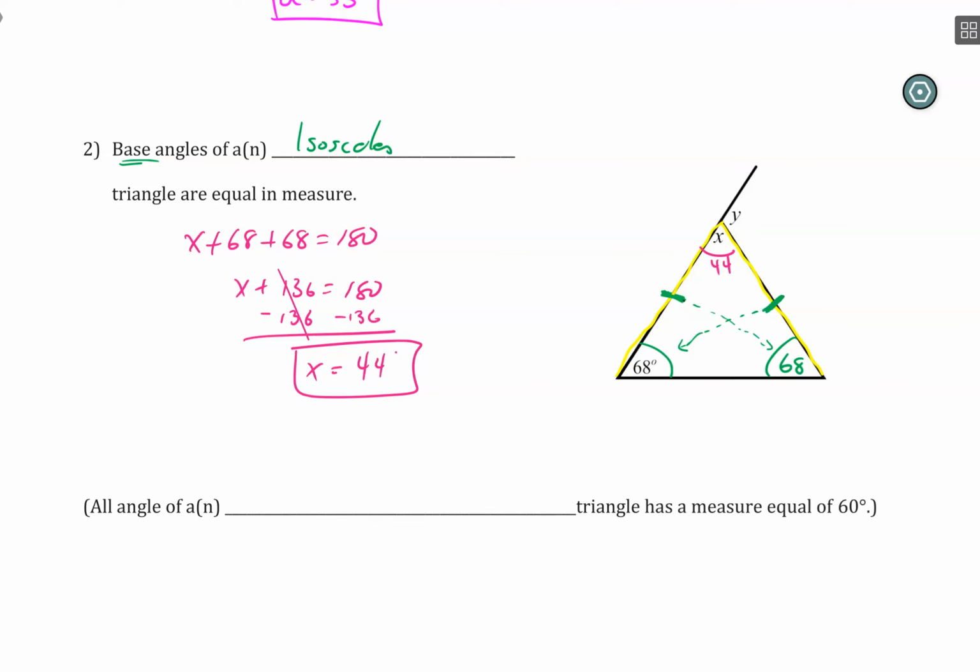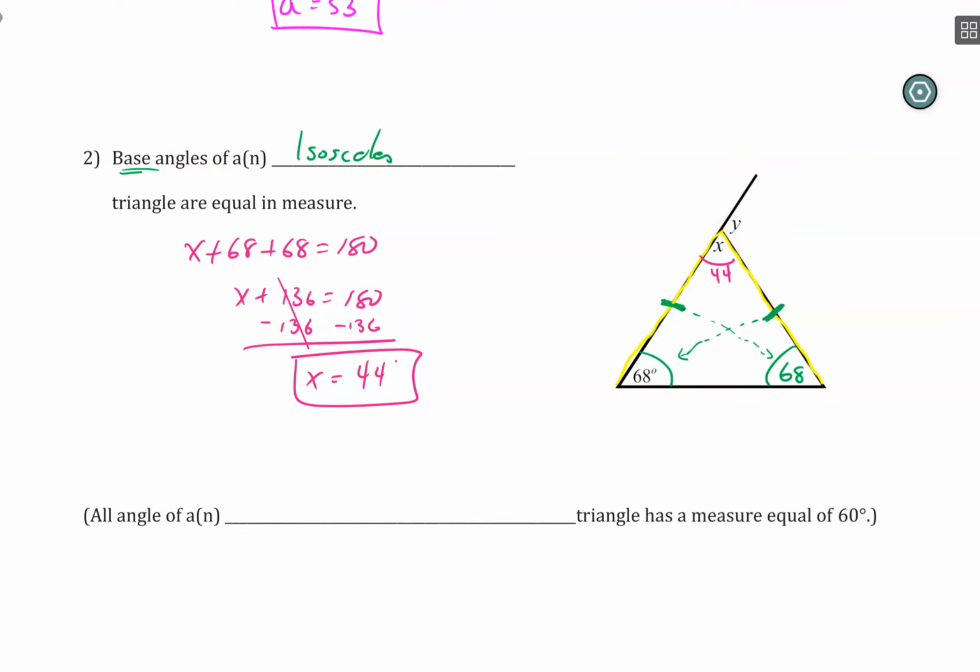So if I'm looking for y here, notice y is outside of the triangle. However, this angle is just an extension of one of the sides. So all they've done is take this other side and they just extended it, and it created this angle here. So together, x and y form a straight line here.